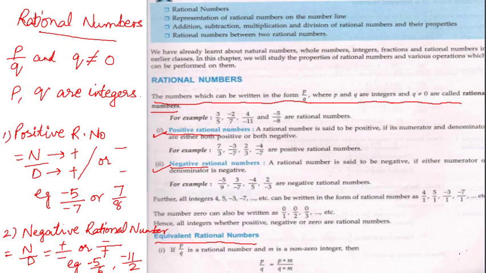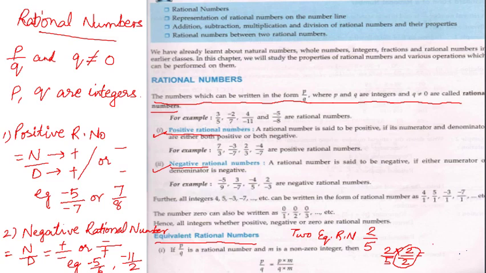For example, if I ask you to write two equivalent rational numbers for 2 by 5, then how will you write it? First I can multiply it with 2 upwards and downwards. Why are we multiplying with the same value? So that we get its equivalent. Fine, not equal. Equal of 2 by 5 will be 2 by 5 only.